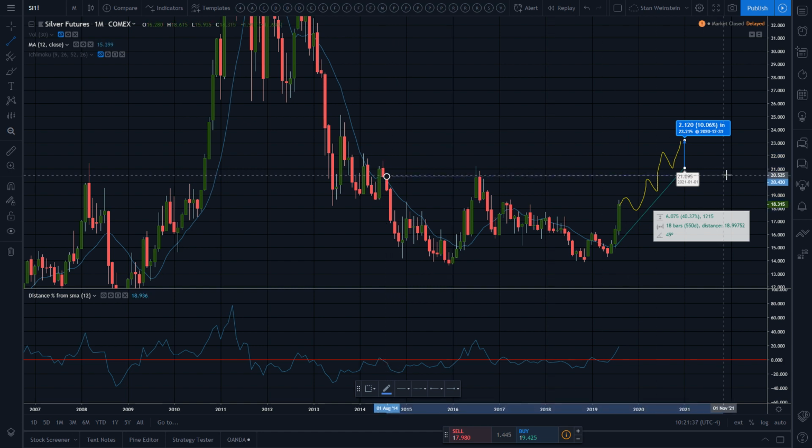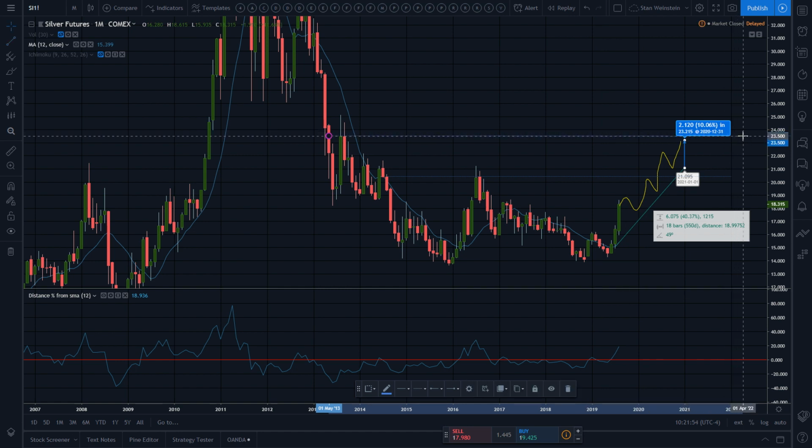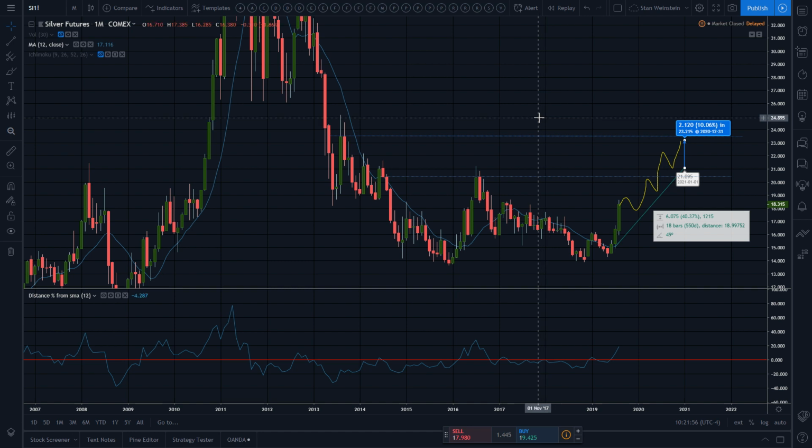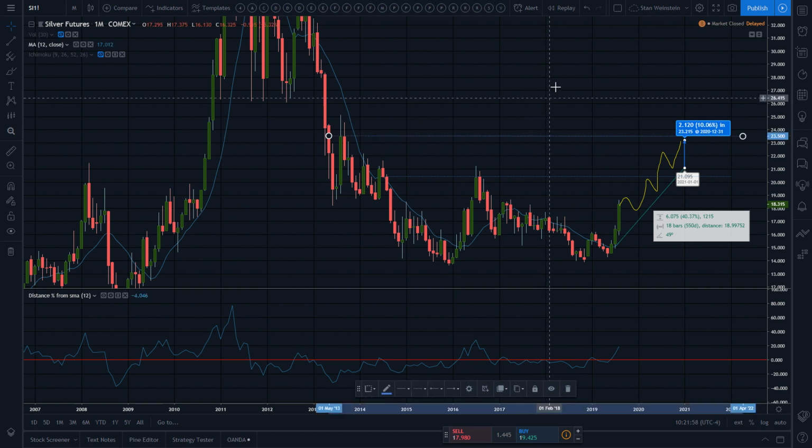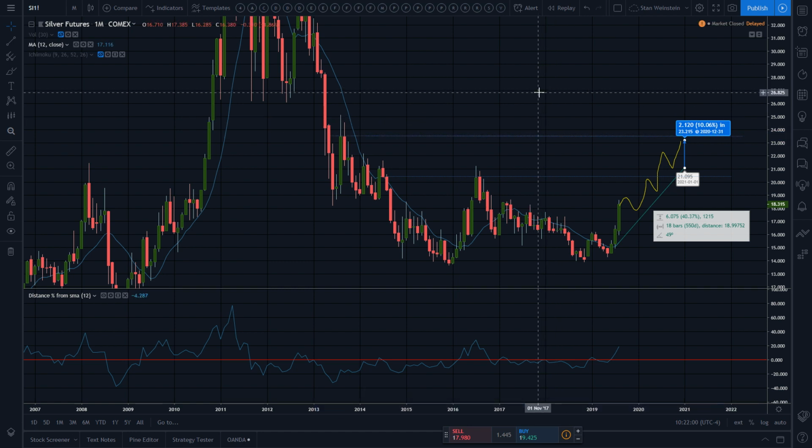Then you could add other weight of evidence. You know that here you have some monthly defined resistance. Now it's going to turn support, so we're probably going to lose some time here, consolidating under or close to it, then go back up above. What I like about this target is that it's below some monthly defined resistance right here, around, what's that level? 2350.